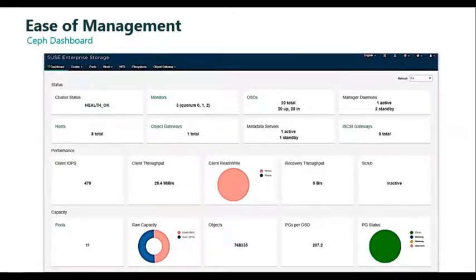This dashboard is called Ceph dashboard. It's created and contributed by SUSE engineers to the Ceph community, and it has become the default dashboard for all Ceph distributions across the globe. Ceph dashboard gives you a single pane of glass view of the current health and status of your storage instance.